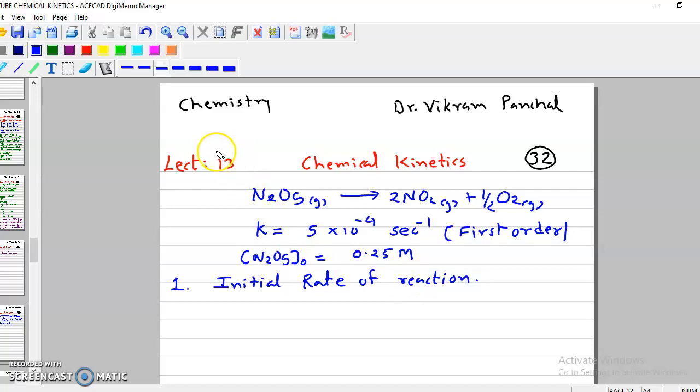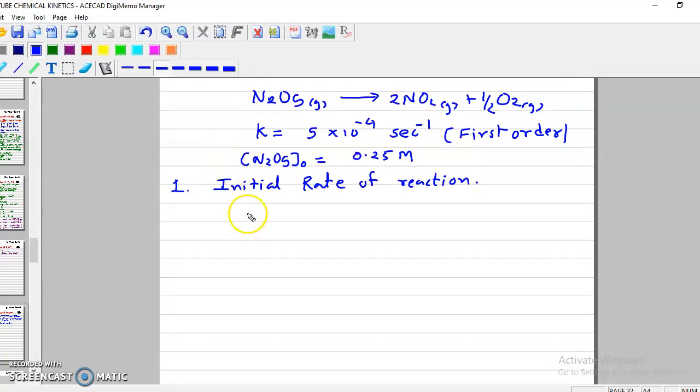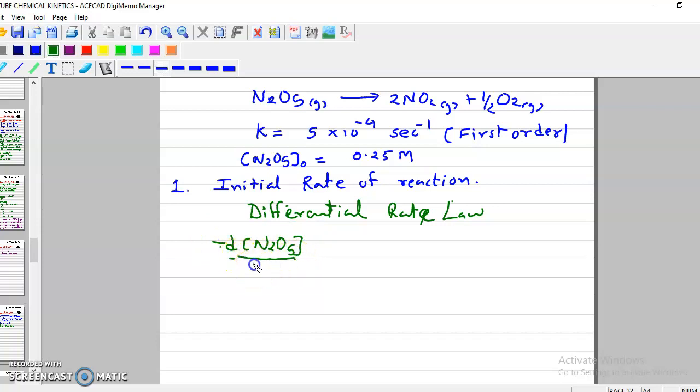For the initial rate of reaction, we will write the differential rate law. For this reaction, the differential rate law would be minus d[N2O5] upon dt is equal to K into [N2O5] raised to x.